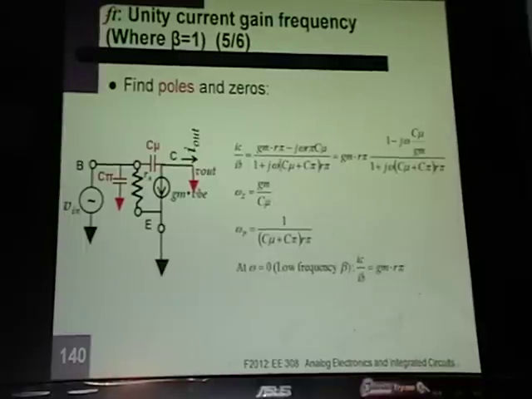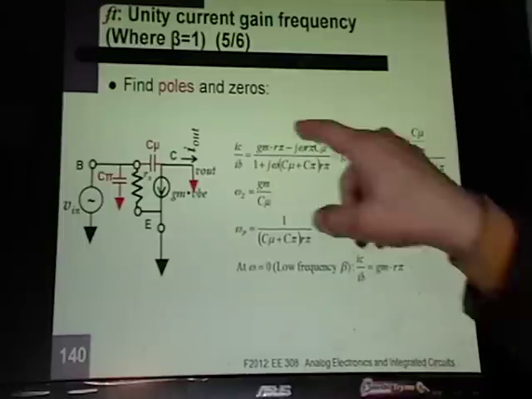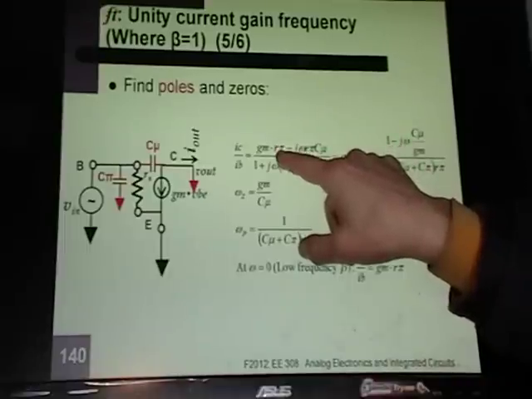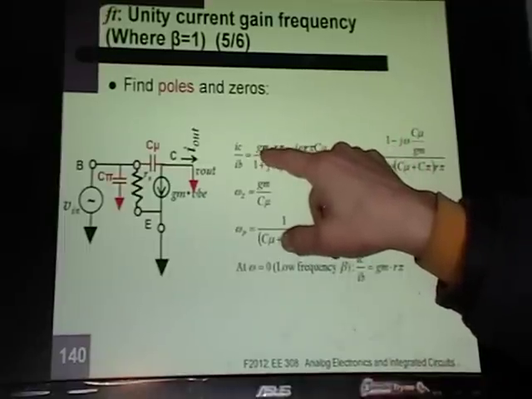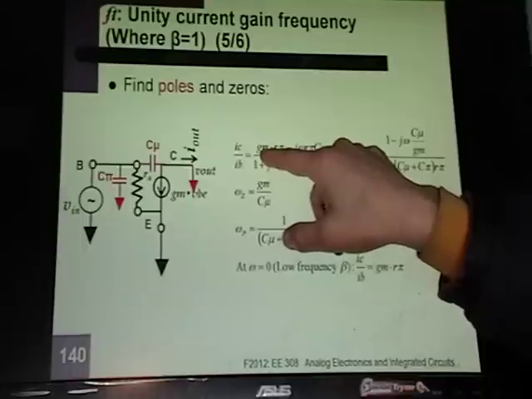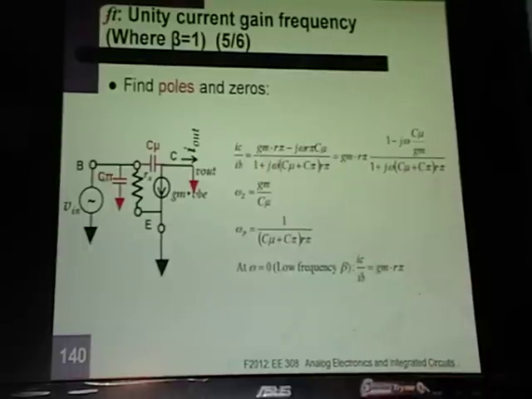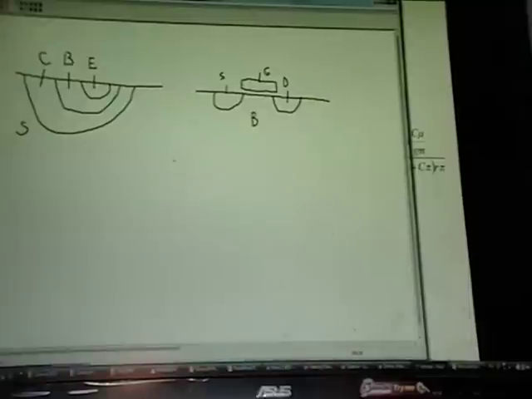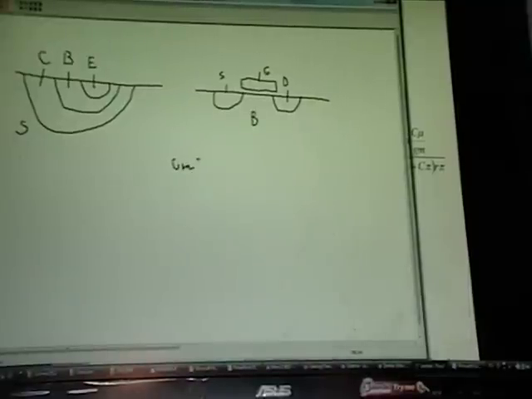Okay, we haven't talked about that previously, but if you think about this, this is R in, and right here GM is I out over V in. Okay, so GM equals I out over V in, and then you're multiplying it by R in.